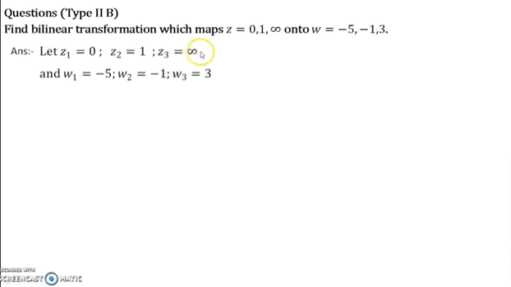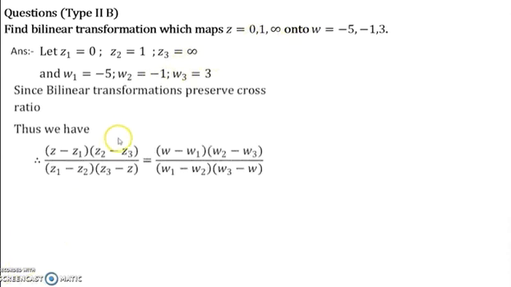After taking z1, z2, z3 and w1, w2, w3, once again I'm telling you, don't change the order. If you change the order, you will definitely get a wrong answer. Whatever order is given, take the same order for z1, z2, z3 and w1, w2, w3.